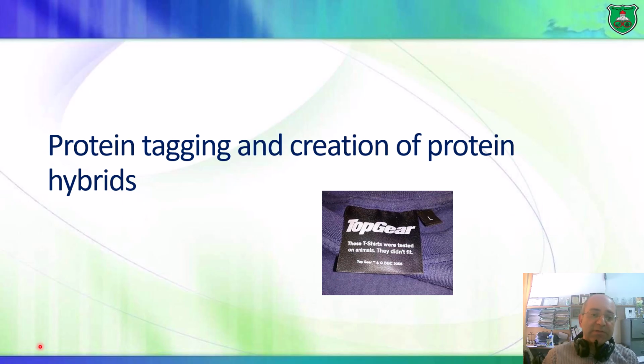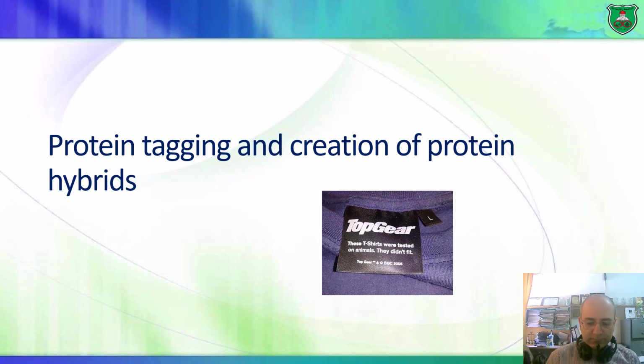And these labels give us information about these t-shirts or whatever, okay? And in terms of biochemistry and molecular biology, we can use these tags to identify proteins, to detect proteins inside these cells, and they may also allow us to purify and isolate these proteins from the rest of these cellular components. So we create protein hybrids, just like we do in DNA.